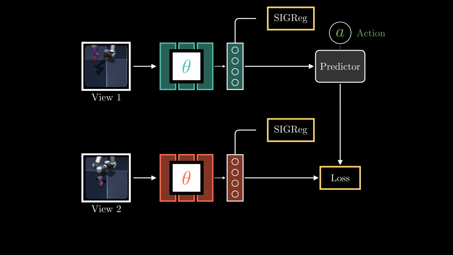SIGReg tells the representation how not to collapse. Together, they give a principled way to train a world model from raw pixels, end to end, with only two loss terms. The first loss predicts the next embedding. The second loss regularizes the latent space so the embeddings stay well distributed.